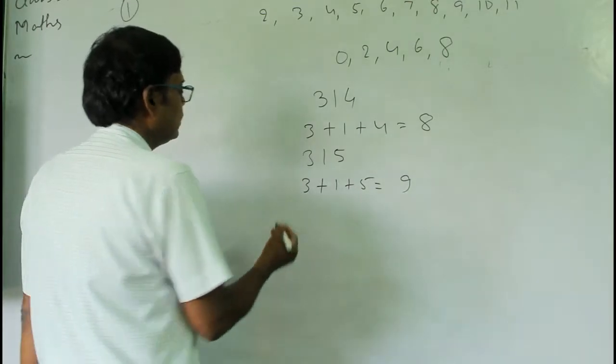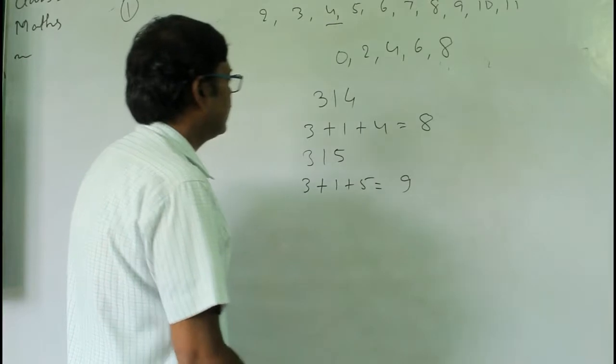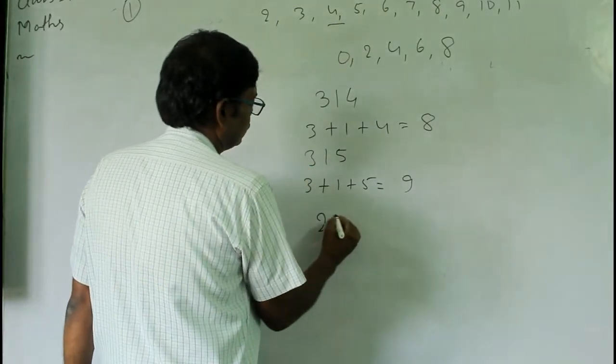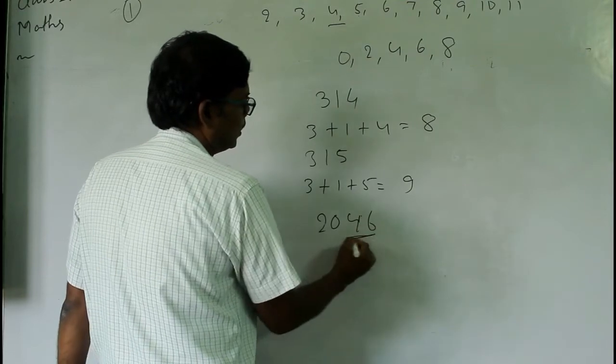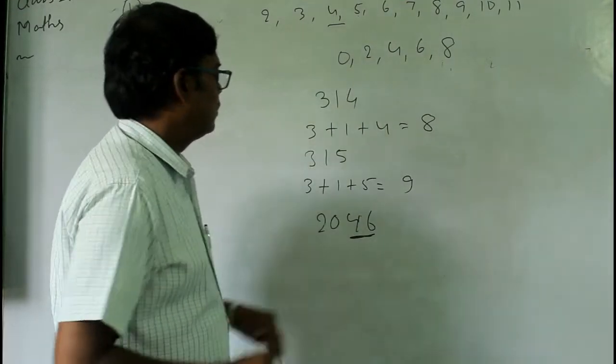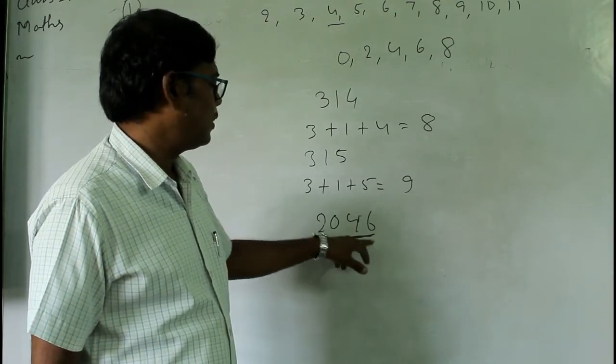And what will we do for 4? How will we test for 4? Suppose we take a number 2046. Here you see the digits at the ones place and the tens place.